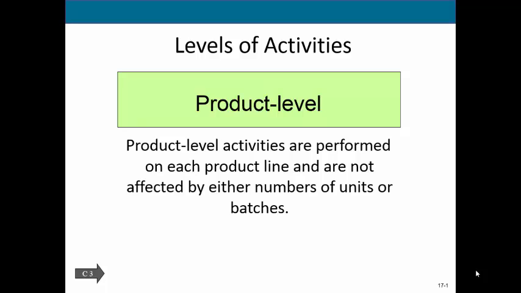So anytime we come up with a new product, you have to have engineering and designing that backs up the creation of that product. You might also have a copyright or a trademark that backs up your specific design. So the design, engineering, or trademark type activities that are for a product line are examples of product level activities.